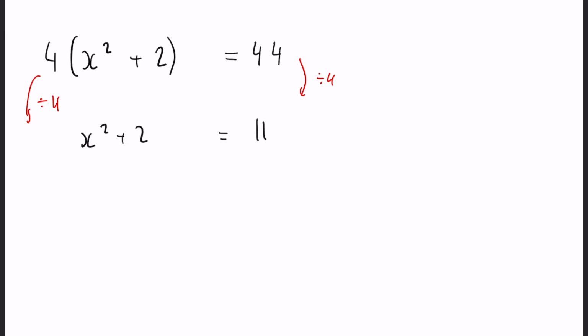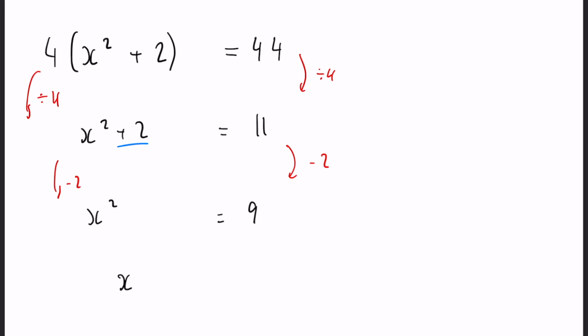Now again, just like always, we want to get rid of the plus 2 first. So we can subtract 2 to eliminate that. So x squared equals, and then 11 minus 2 is 9. And then x, we want to take the square root of it. So x is going to equal the square root of 9.